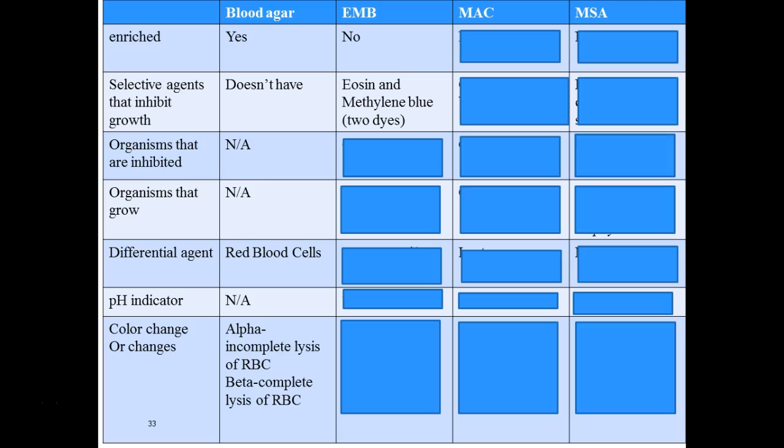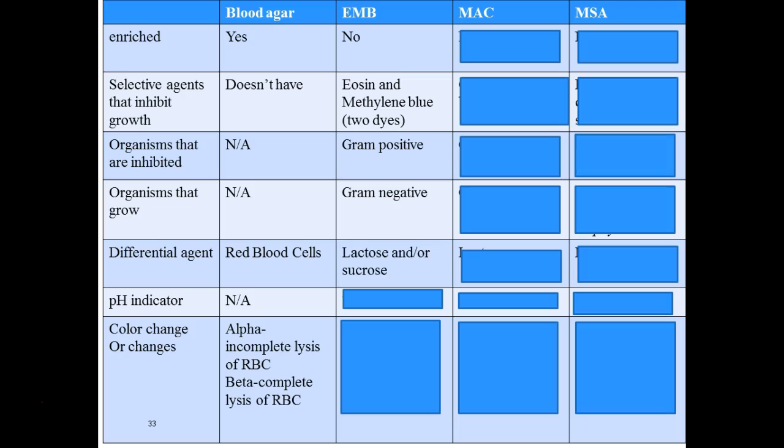What organisms are inhibited by these dyes? Gram-positive. So therefore, who are we selecting for? Who's going to grow? Gram-negatives. What's the differential agent? Can we differentiate some difference between our gram-negatives with this media? Yeah. And we're looking for sugar, lactose, and or sucrose.